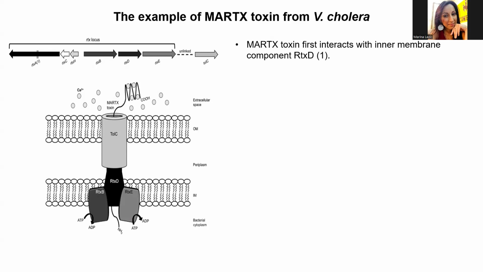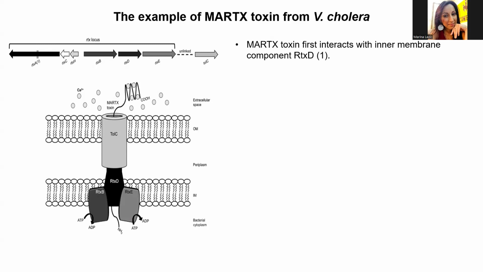So the RTX toxin is a toxin from Vibrio cholerae that is exported through the type 1 secretion system. First, the toxin has to interact with an inner membrane component, RtxD. It is in the inner membrane, but it plays the role of a membrane fusion protein because it extends to TolC, as you can see in the picture.